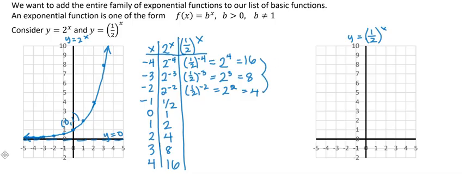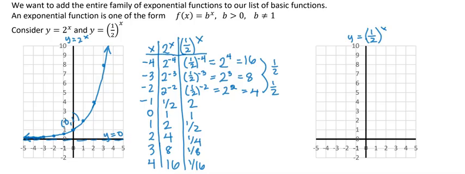And hopefully we're spotting that same pattern showing up where we're multiplying by that base of 1/2 over and over and over again. So 1/2 of 4 is 2, 1/2 of 2 is 1, 1/2 of 1 is 1/2, and then 1/4, and then 1/8, and 1/16. So we see a lot of those same values happening because of the way 1/2 flips and becomes 2.